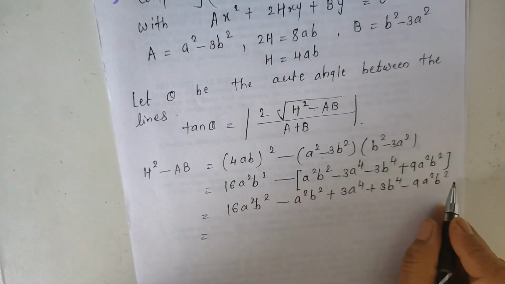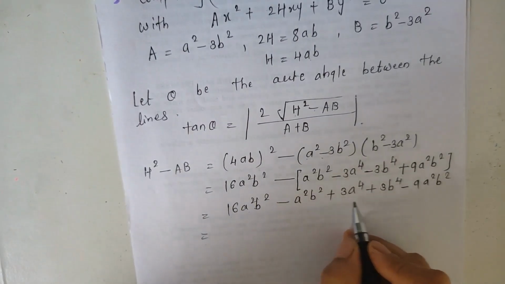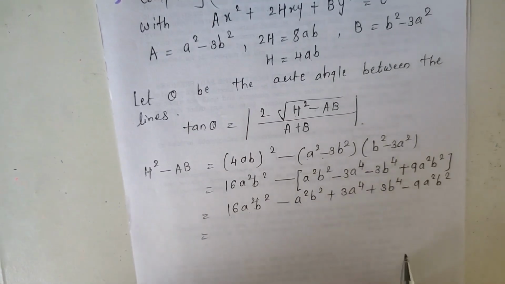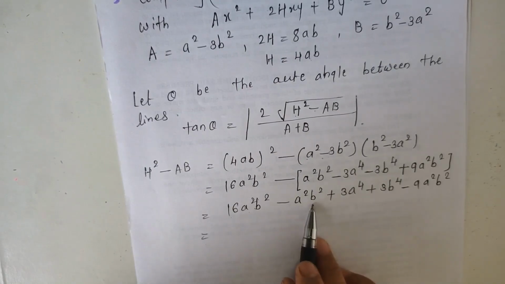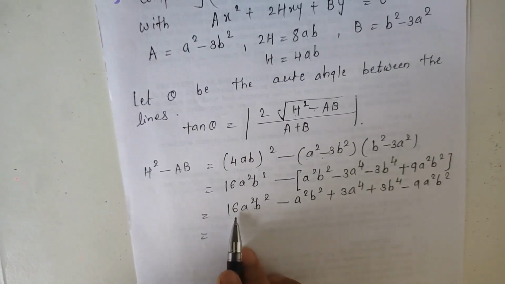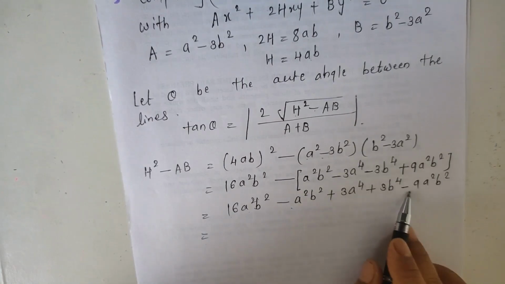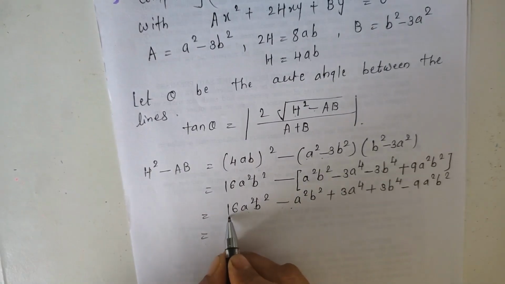Now simplifying these terms, 16a square b square minus a square b square and minus 9a square b square, calculating these terms, that is 16 minus 1 minus 9, that is 6a square b square.